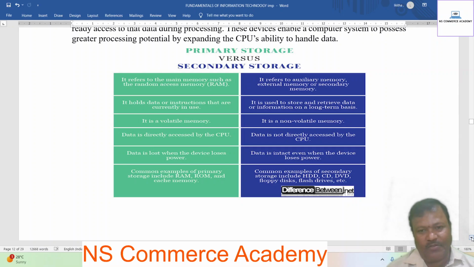In secondary storage, data remains intact even when the device loses power. Common examples of primary storage include RAM, ROM, and cache memory. Common examples of secondary storage devices include HDD, CD, DVD, floppy disk, flash disk, etc.